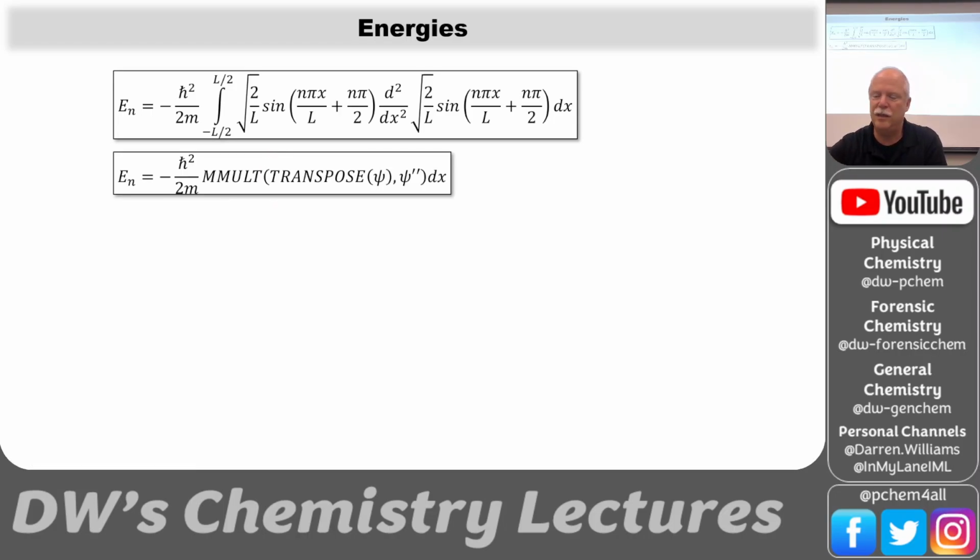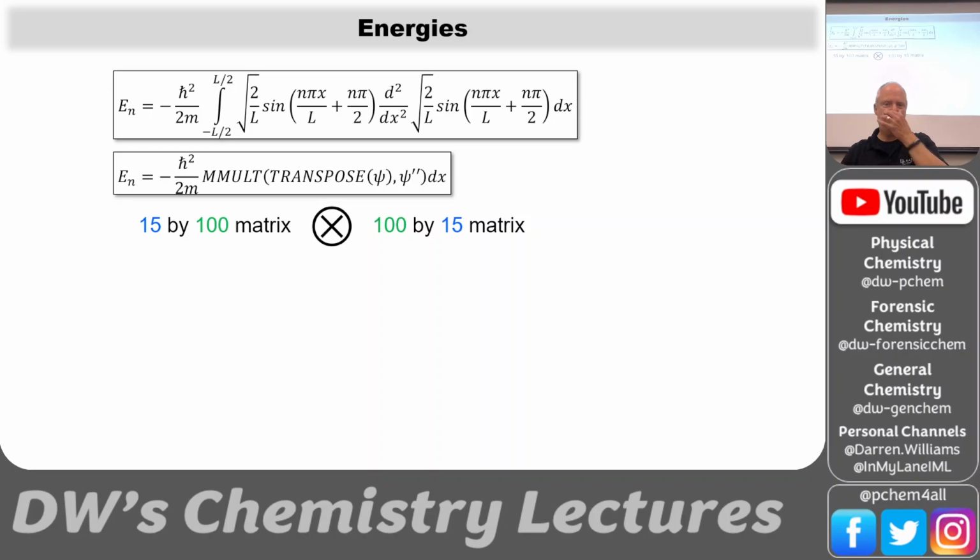Now we can do this in Excel by taking the transpose of that wave function block times the double prime block of wave functions. It's a 15 by 100 matrix times a 100 by 15 matrix. This is helpful when you learn, you're selecting these and you're going down 100 points.